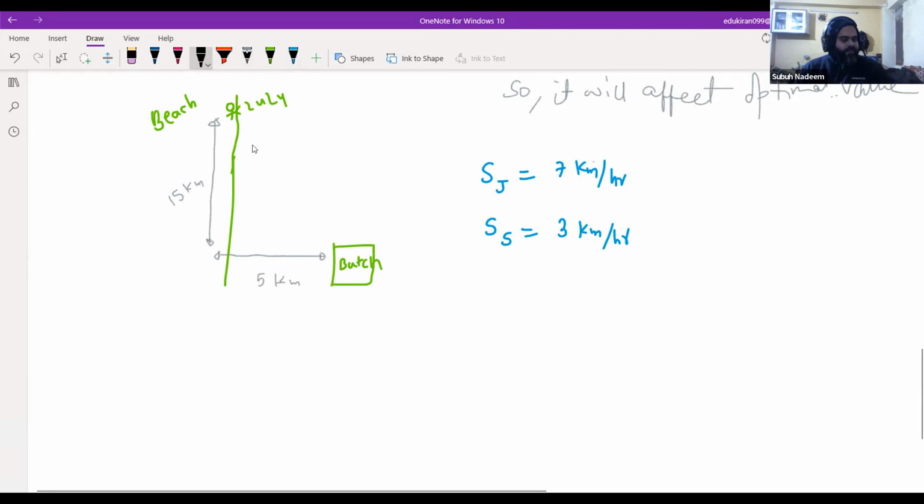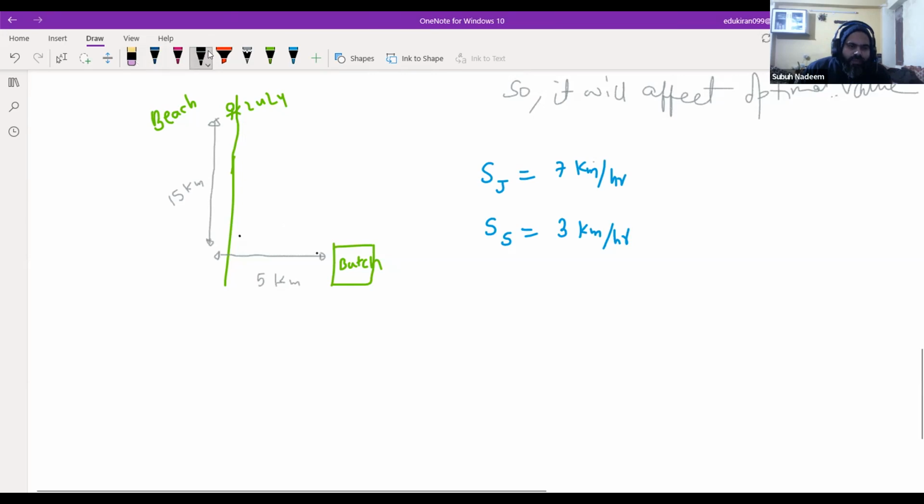So if he wants to reach in minimum time, he will do some manipulation and he may jog till here and swim till here. There are many ways, like he can jog till here, then swim; he can jog till here, then swim. Many ways are there. So it is asked, how should he plan his travel? How much should he jog and how much should he swim?